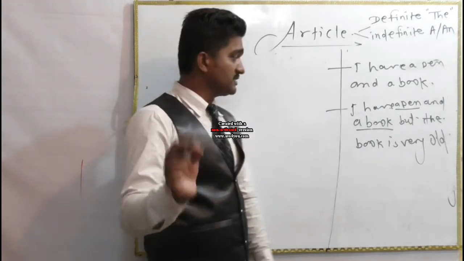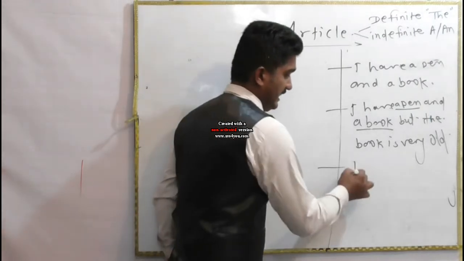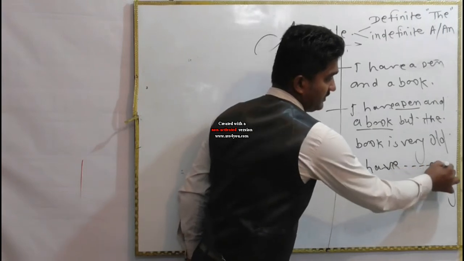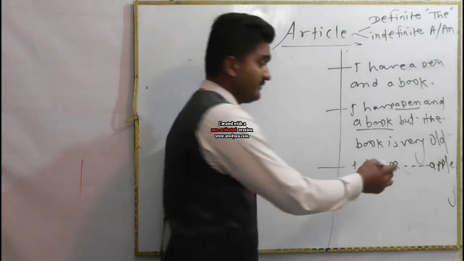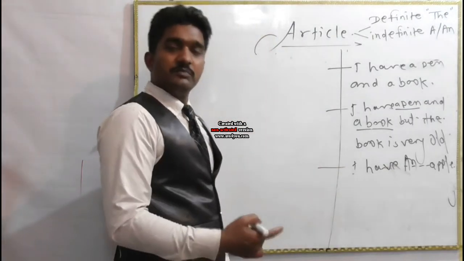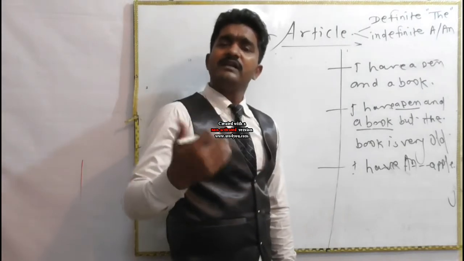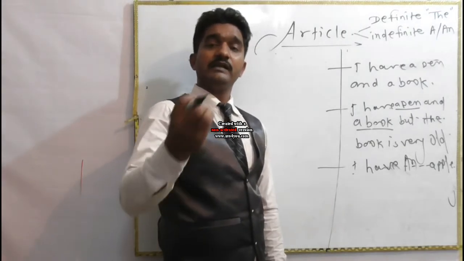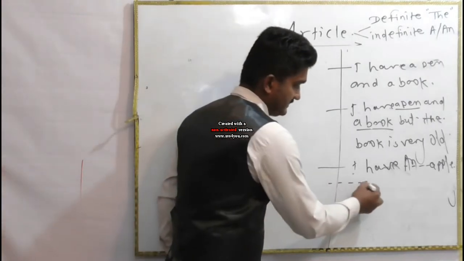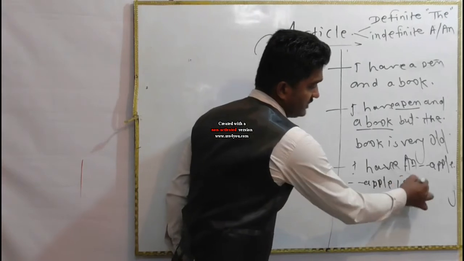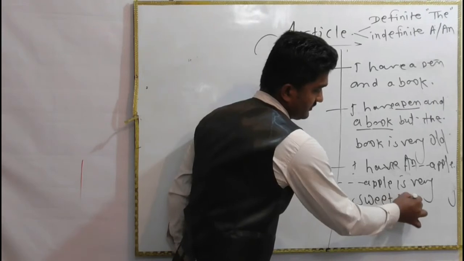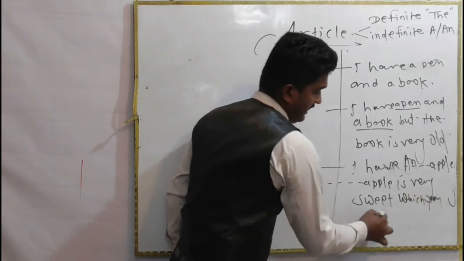And most of the students are confused. Suppose that I am saying that I have apple. So here students use I have an apple. It is true. But sometimes in rare cases, when these words come at the first, like the apple is very sweet which you gave.